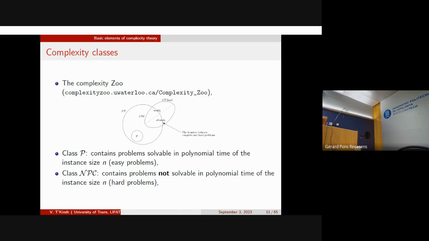Which means, said in a very simple way, that problems in class NPC cannot be solved in polynomial time of the instance size. So if your problem is in class NPC, don't look for an optimal algorithm working in n squared or n cubed. It cannot exist. So in class NPC, you have problems which are really intractable for a computer.